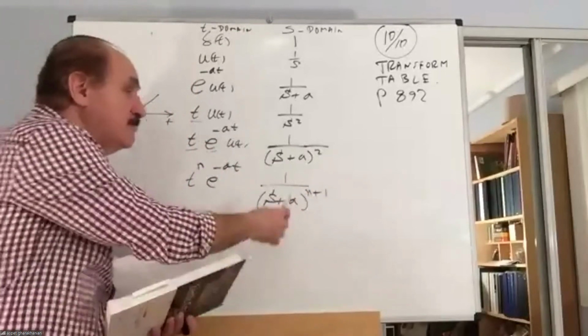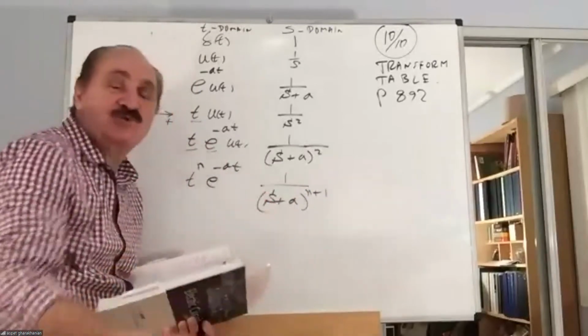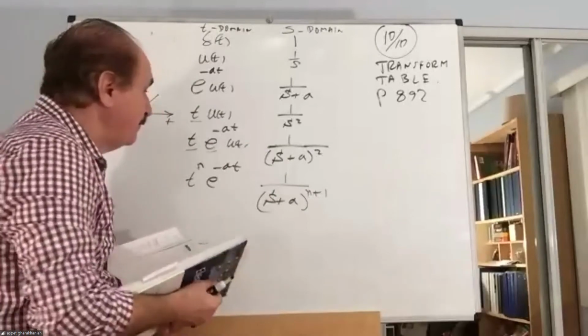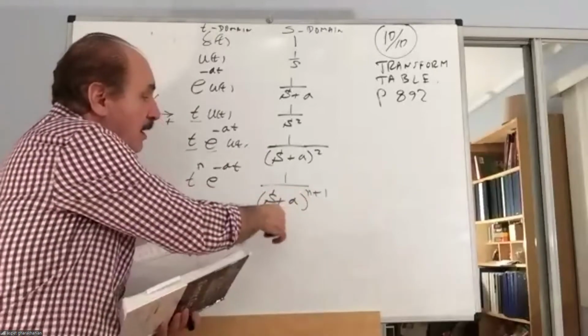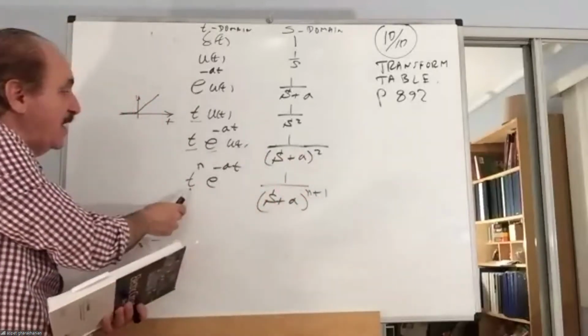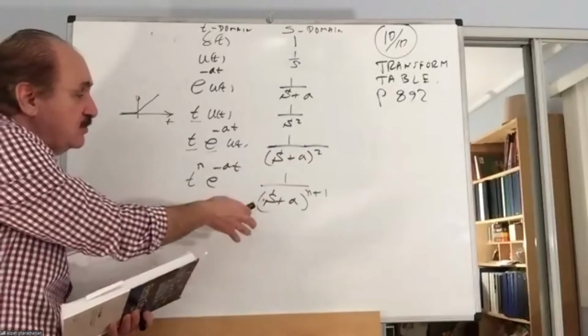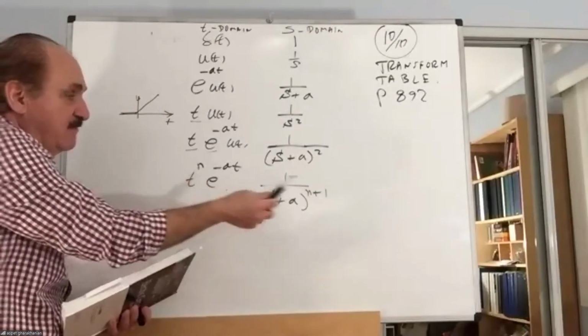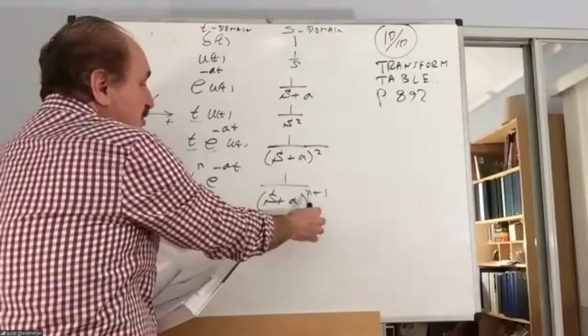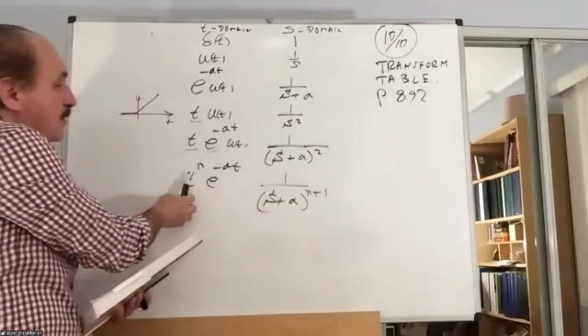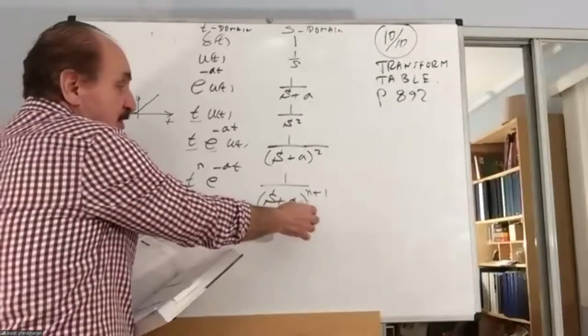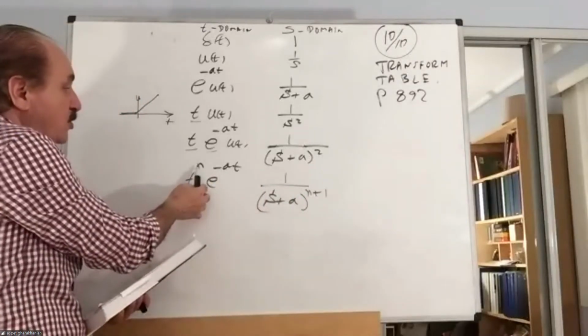So if you have a multiplicity of poles, like n plus 1 poles, then the time function pertaining to that would be t to the power n. For example, if n was equal to 3, if this was a parenthesis to the power 3, this would be to the power 2.